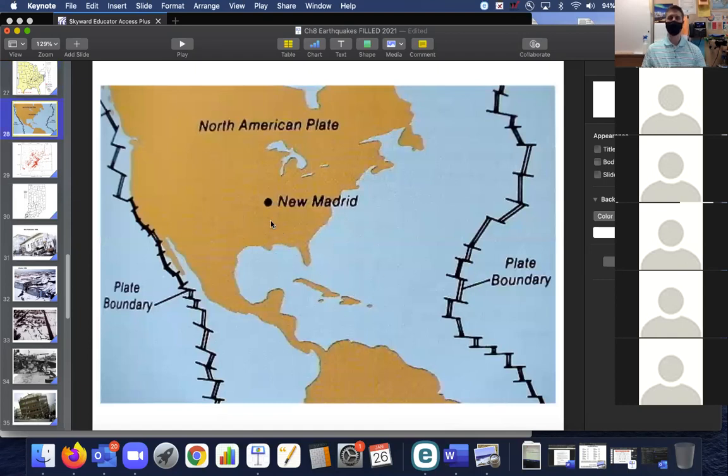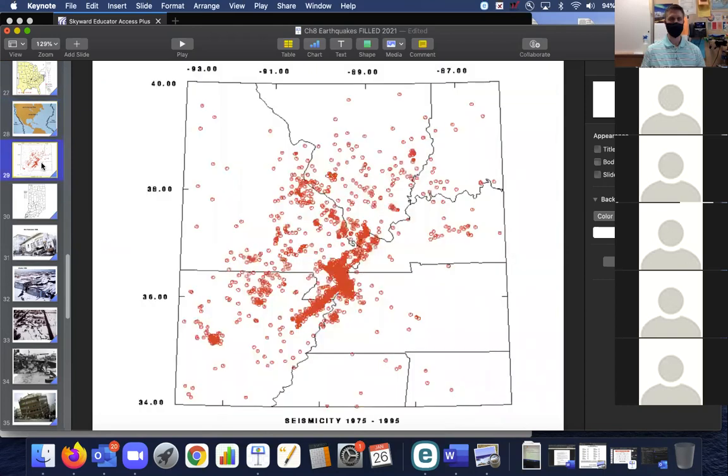Here's just another map showing where it is, kind of in the middle of the plate, which is not the most common place to have a fault, but it does happen, obviously. This map shows 20 years' worth of earthquakes from 1975 to 1995. When you plot out where the epicenters are, you can see by the grouping of them where the fault is.